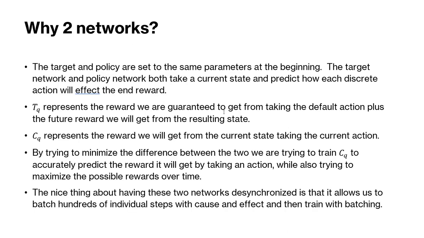So I kind of talked about why two networks. We're trying to learn two things, right? What's the best action right now, and then what are going to be the best actions through time. So we're just trying to minimize the difference between the two. The nice thing about this setup that I really appreciate is it was clearly designed for batching. So there's no neural ODE, there's no custom back propagation that you've got to do.